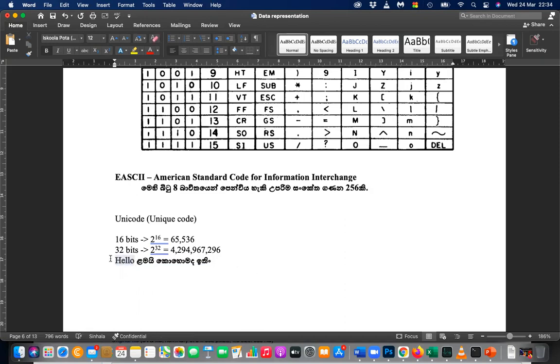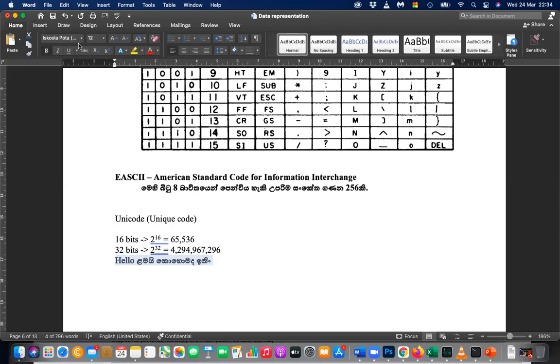But when I select hello, the font is still Skolapotha. If I select here, it's also Skolapotha. If I select all, again the font is Skolapotha. That is what Unicode is.